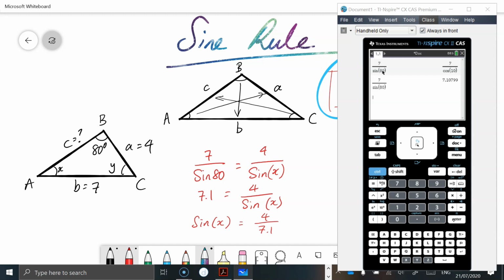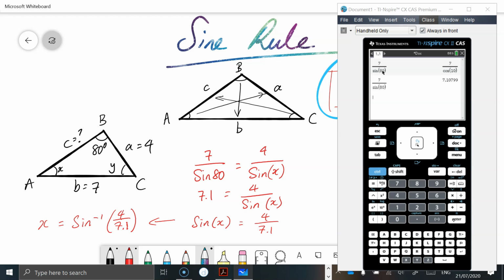Okay, so now in order to get the angle, so sine of theta, so this angle that we want to work out, which is x, we're going to do the inverse. Okay, so if I was just to write it over here, so that means x is going to equal the inverse sine of 4 over 7.1.